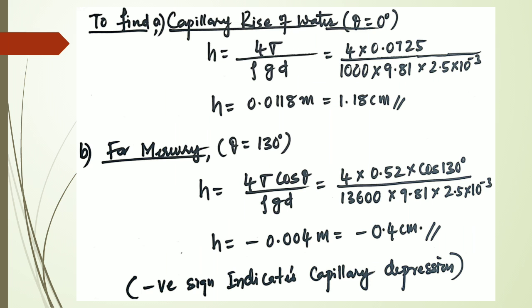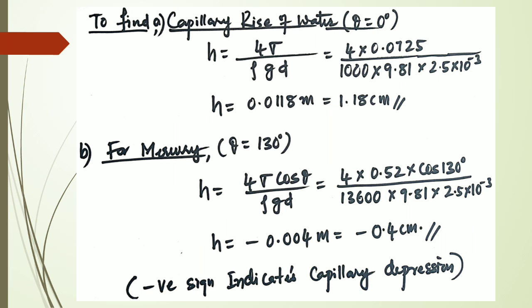So to find the capillary rise of water. I told you for capillary rise of water, the angle of contact will be almost 0. Okay, so almost it is 0. Therefore, theta is neglected there. 1 degree or 0 degree can be taken. So there you can neglect the theta here. Therefore, H is equal to 4 sigma by rho g d. So this is the relation for capillary rise.